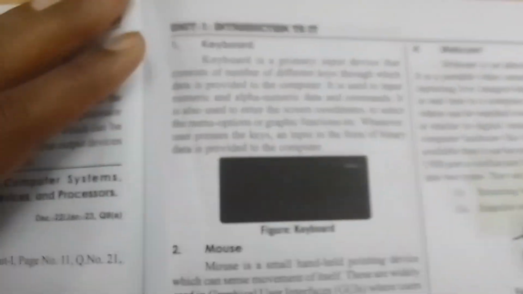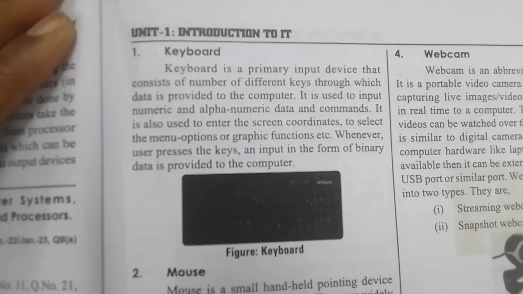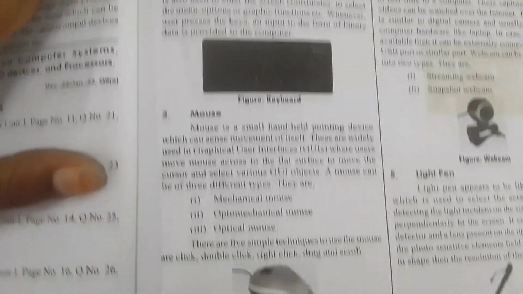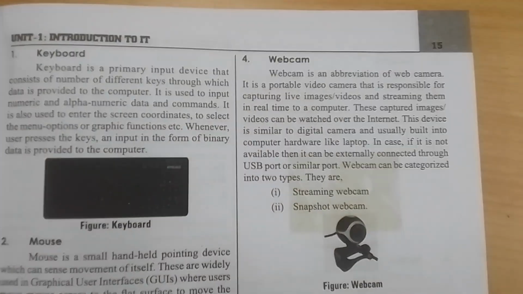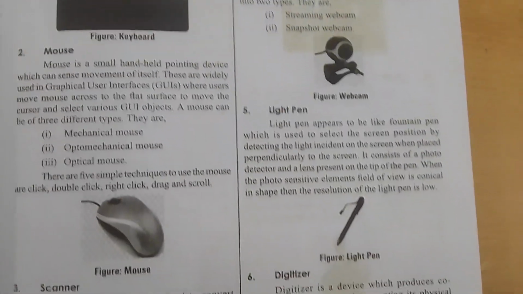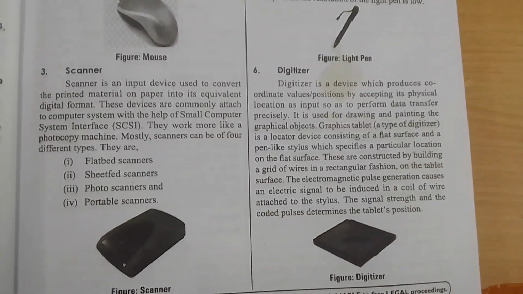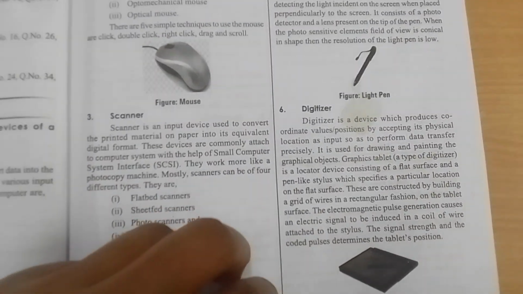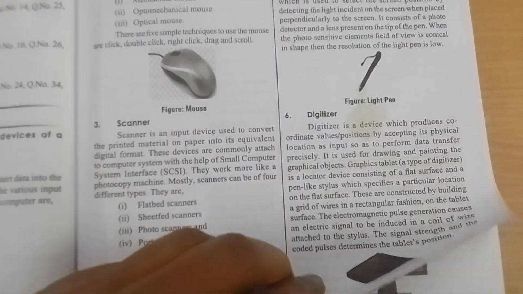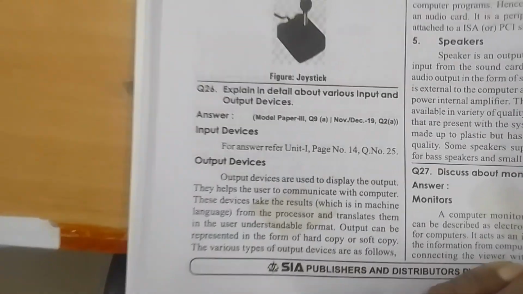When you're telling about keyboard, you will have to even mention the types of keyboard. For the mouse, you will have to draw the picture as well. Scanner, types of scanners, webcam, light pen, digitizer. You can only read 5 of them. Like I've told you, for input devices you'll have to read 5. For output devices as well, you will have to read 5.